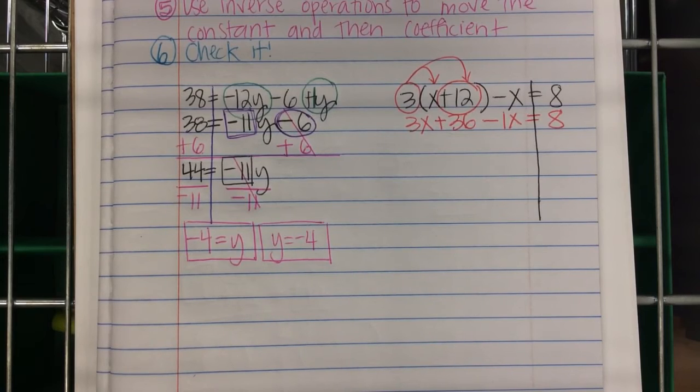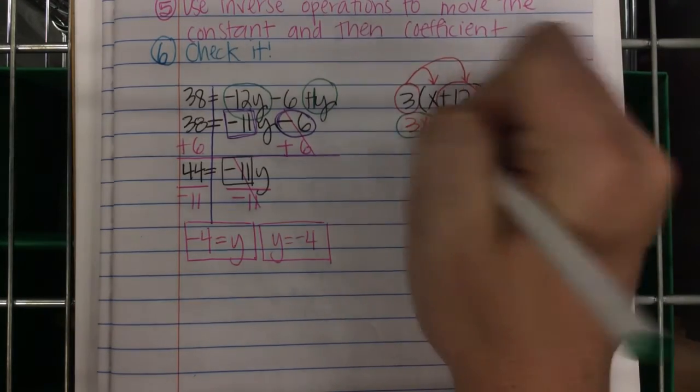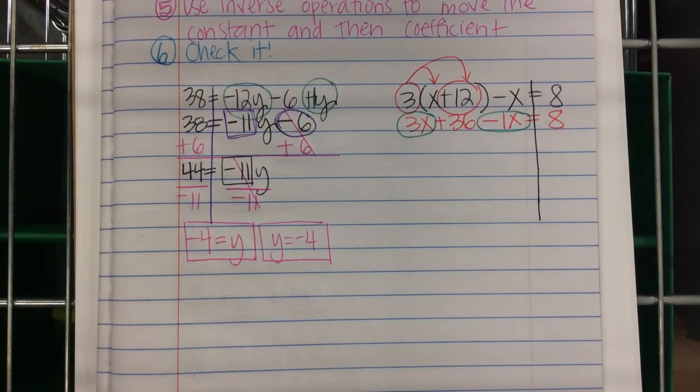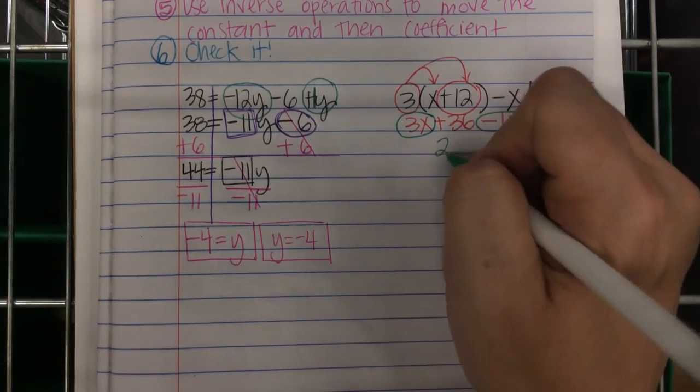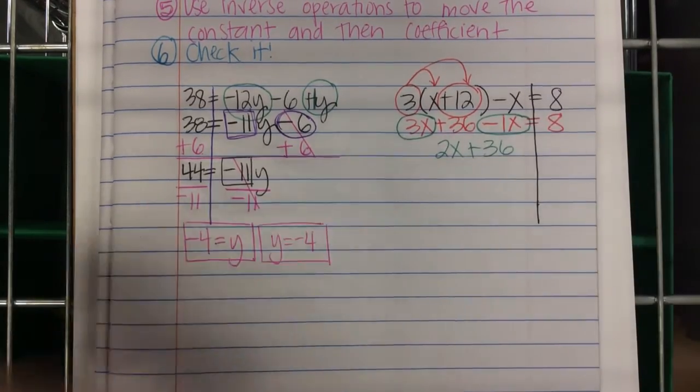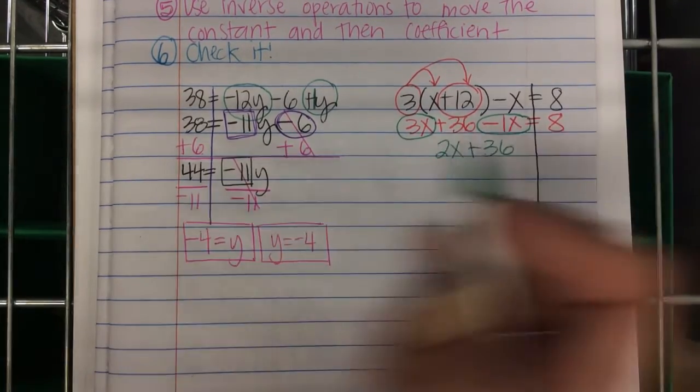What does step number 3 say? Combine like terms. Are there any like terms? 3x and negative 1x. 3x and negative 1x make what? Plus 36, because that didn't change, right?